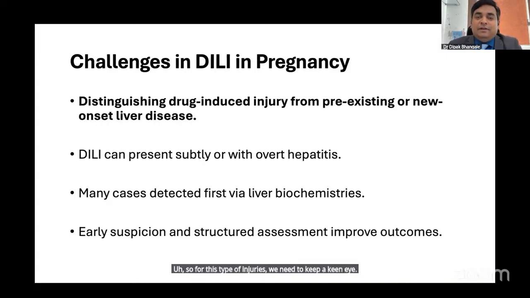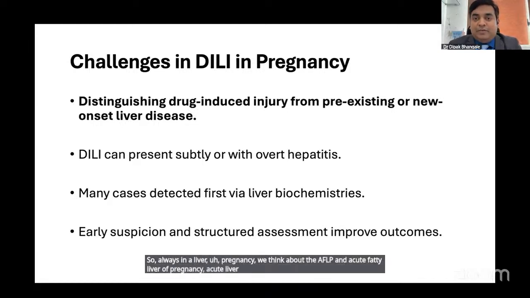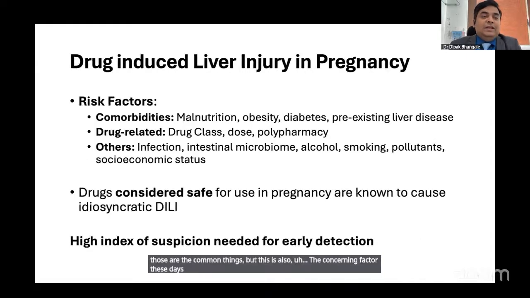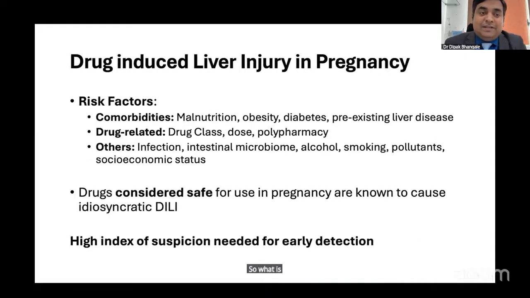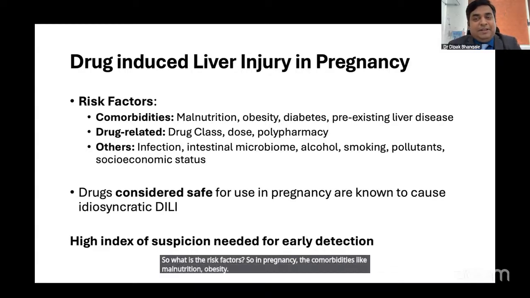In liver disease in pregnancy, we always think about AFLP, acute fatty liver of pregnancy, and acute liver failure secondary to acute viral hepatitis. Those are the common things, but this is also a concerning factor these days. So what are the risk factors? In pregnancy, comorbidities like malnutrition, obesity, diabetes, and pre-existing liver disease are risk factors.